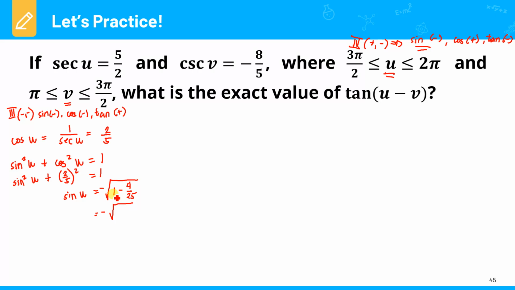So 25 minus 4 is 21 over 25. In other words, you have negative square root of 21 over 5. And this is now our sine u.